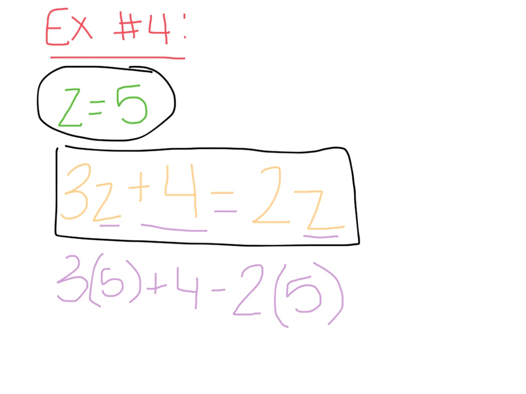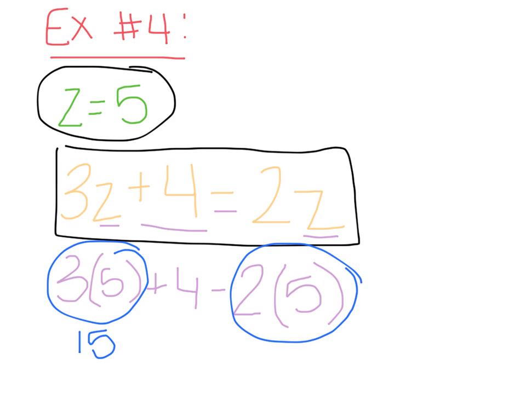Okay, now I solve, so follow your order of operations. Multiply first. This means multiply. This means multiply. 3 times 5 is 15. I can keep this part the same. Plus 4 minus 2 times 5 is 10.